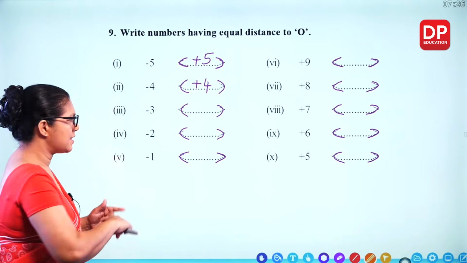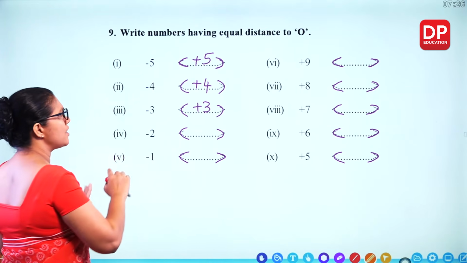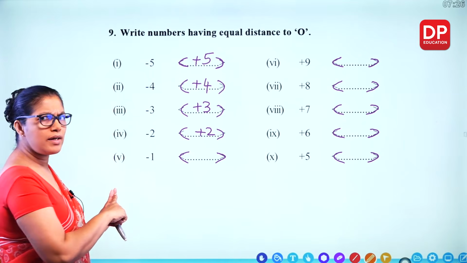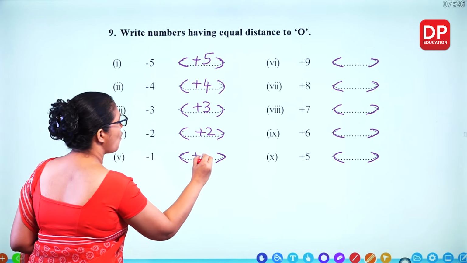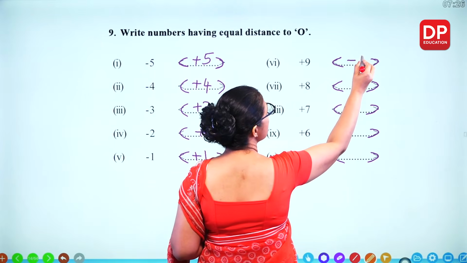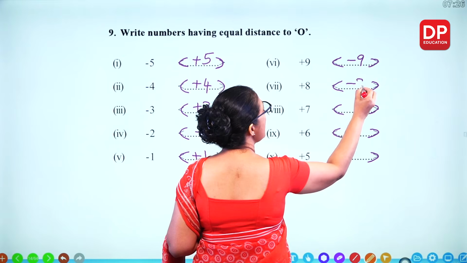Minus 3, what's the additive inverse of that? Plus 3. Minus 2 is plus 2. Minus 1 is plus 1. And plus 9, that's minus 9. Plus 8, additive inverse is minus 8.